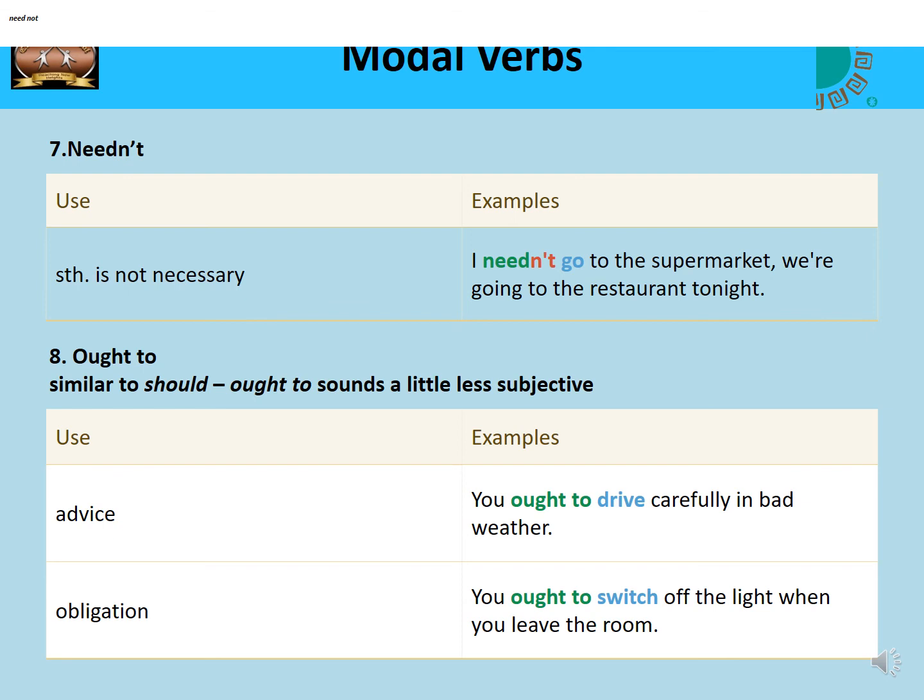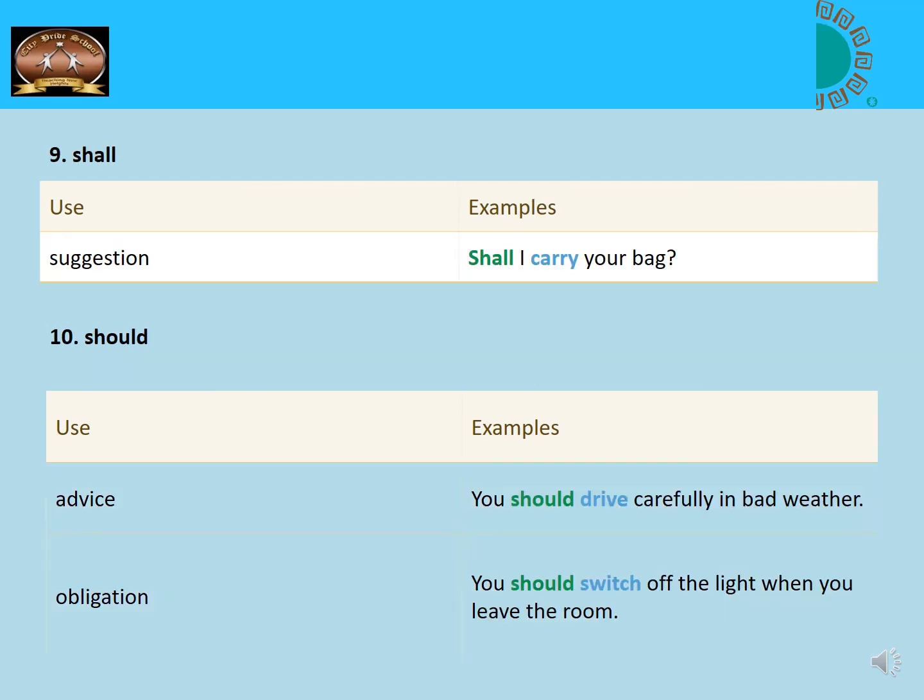Ought to sounds a little less subjective. You ought to drive carefully in bad weather. You ought to switch off the light when you leave the room. Shall I carry your bag? Suggestion. You should drive carefully in bad weather.